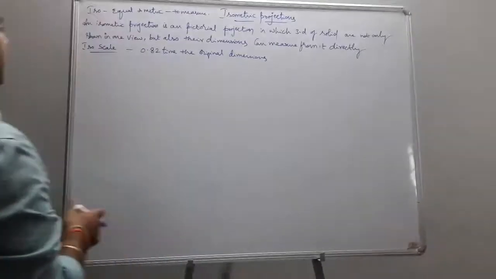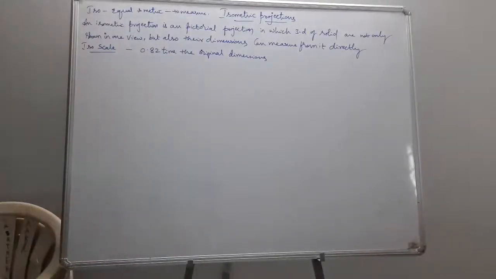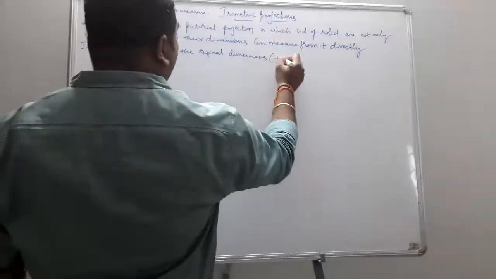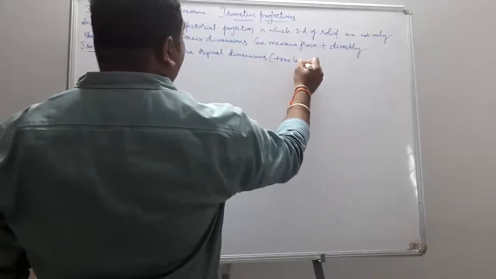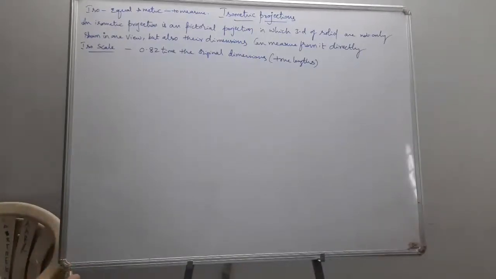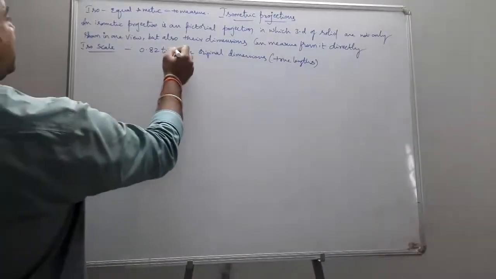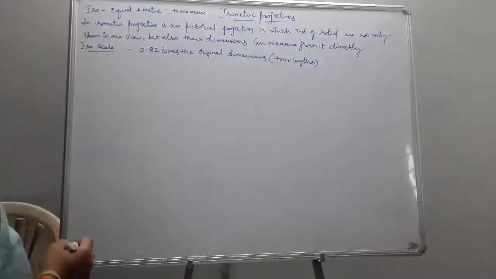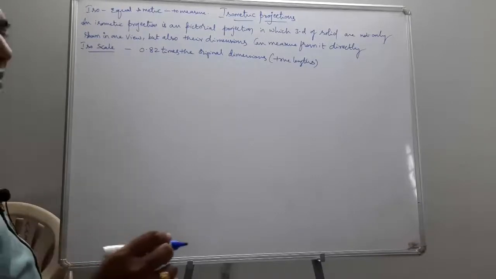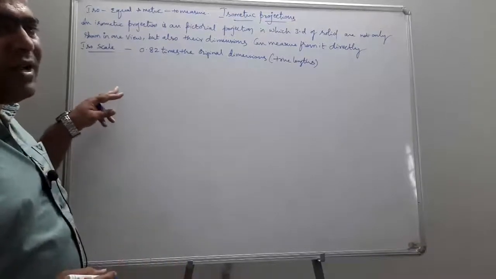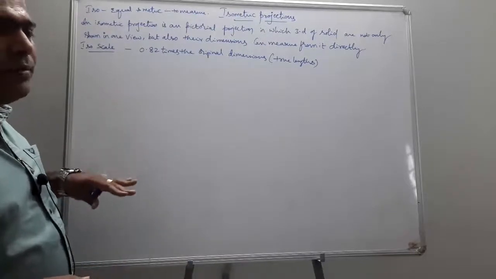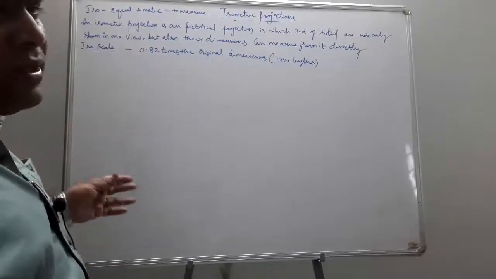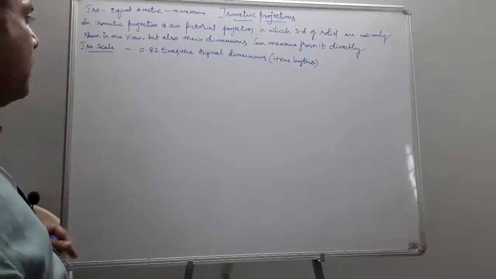So original dimensions are true lengths, and true lengths are converted into 0.82 times, which means they are foreshortened by 0.82 times the original dimensions. In some textbooks they use this isometric scale to construct the three-dimensional views of the object, or we can directly go for the true lengths also.